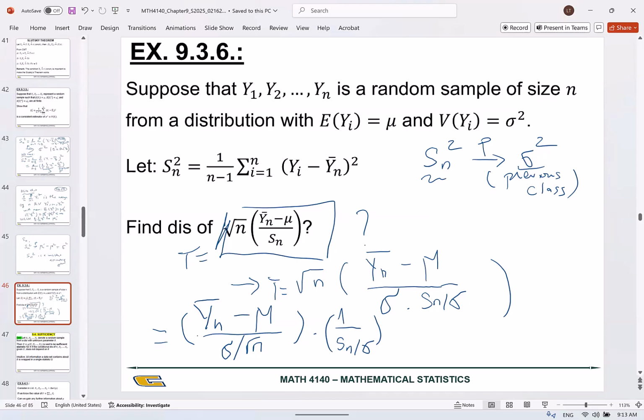You can see that the first term is from the central limit theorem. We did learn that this converges to a Z from the central limit theorem.